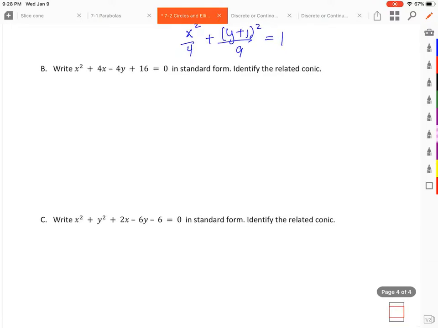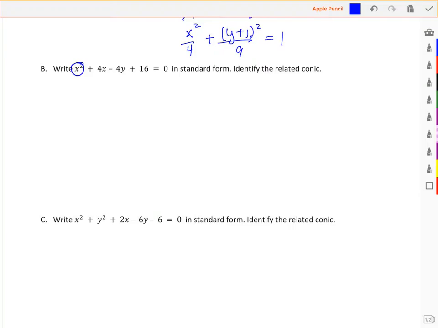Okay, I'm going to do B as well, and y'all are going to do C on your own. X squared plus 4x minus 4y plus 16 is equal to 0. Okay, so first we're going to identify the conic. There's only one square, so that tells me that this is a parabola. So this goes back to what we did yesterday in the other section. The standard form of a parabola is x minus h squared equals 4p y minus k.